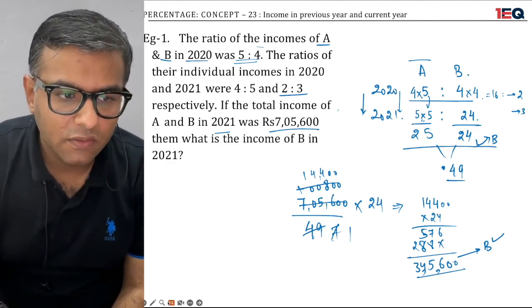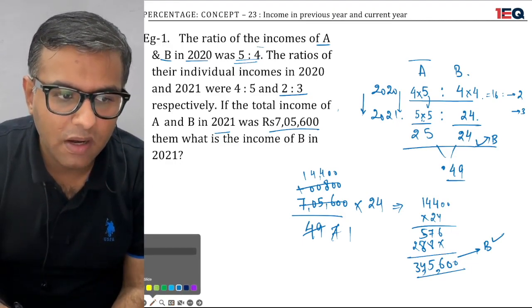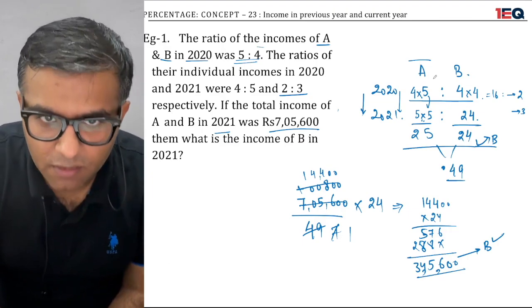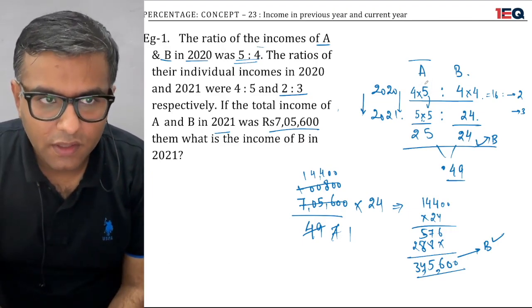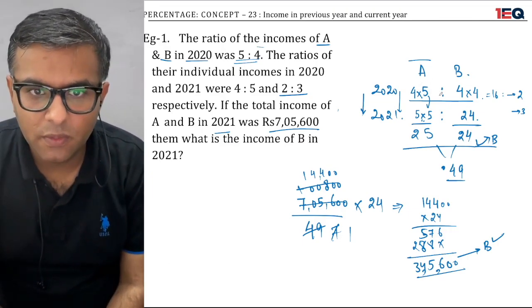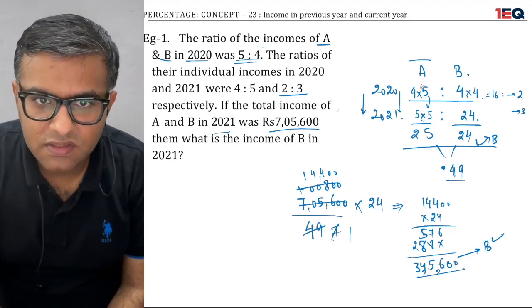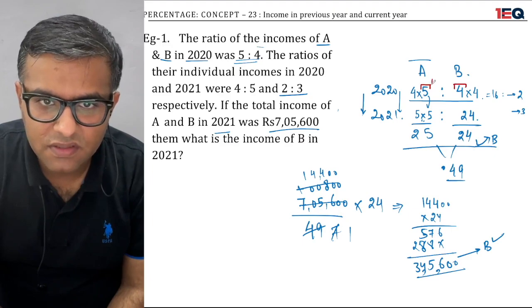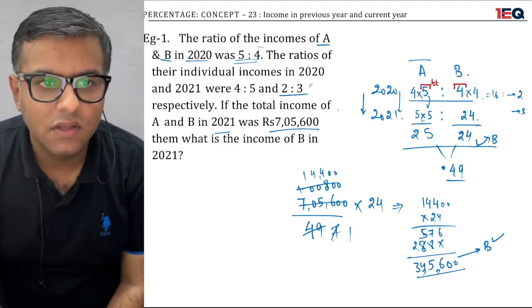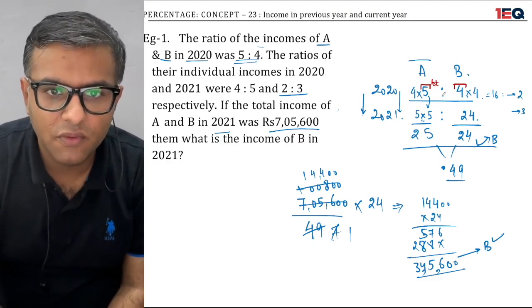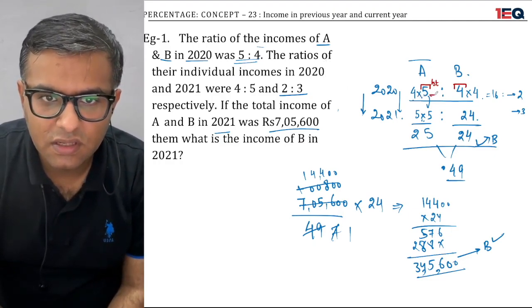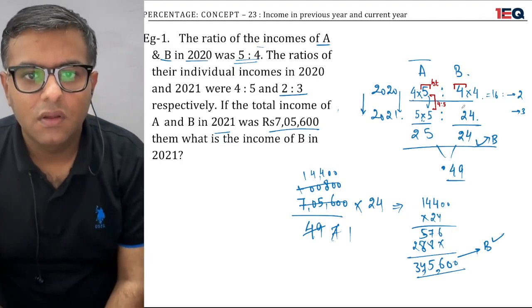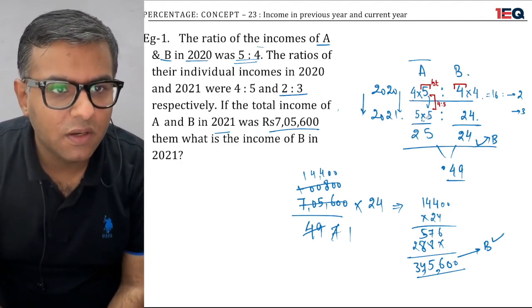The only tricky part in this question was this. I will repeat it for you. The ratio of the incomes of A and B in 2020 was 5 to 4. This is the 5 and this is the 4. This is the first part. The ratio of their individual incomes came out to be 4 is to 5 in 2021.